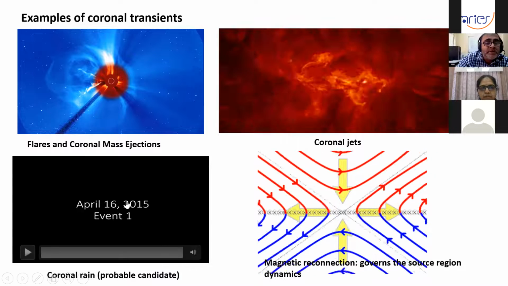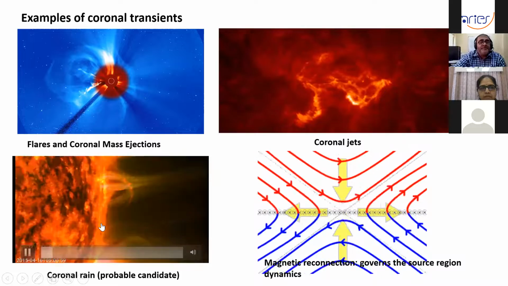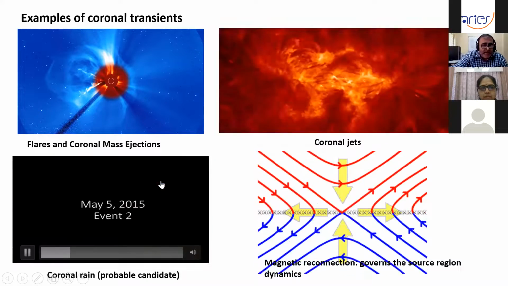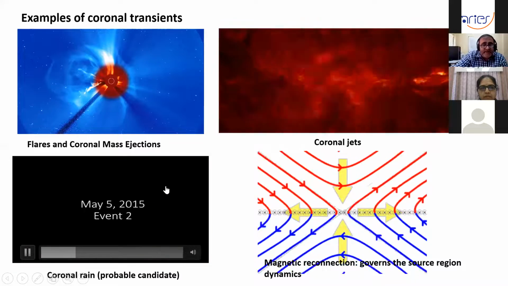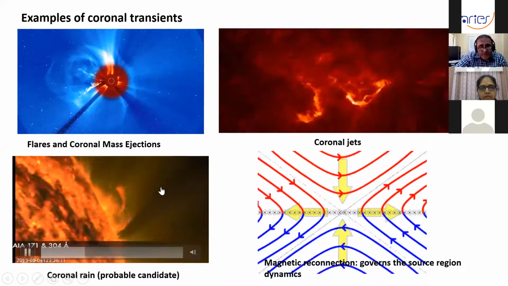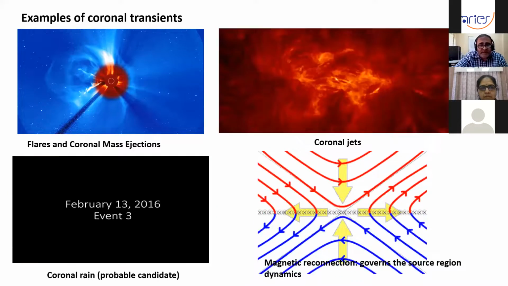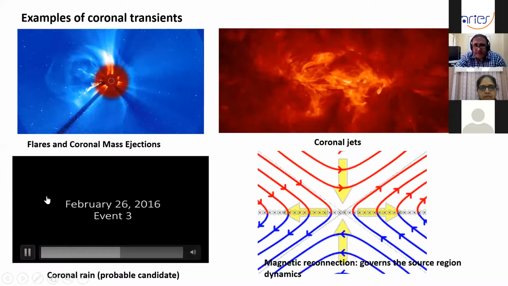So there's no laser pointer, and here you can see this is a movie of coronal rain, and practically you can see this is like a 3D null kind of morphology, but I'm still writing a probable candidate because we are not sure. Here also it looks like a 3D null.